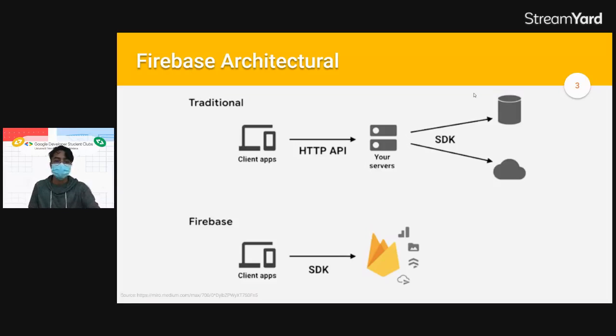But in Firebase, we only have to manage the client side. When we want to make a request to the server, we just send the message to Firebase, and Firebase will determine what to do with it and respond to us.